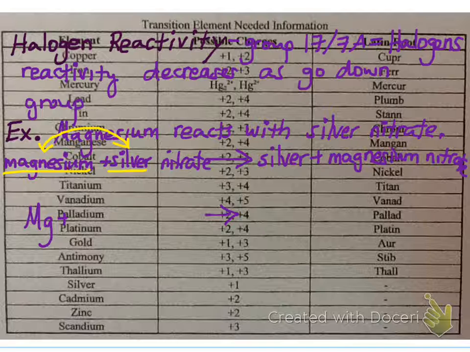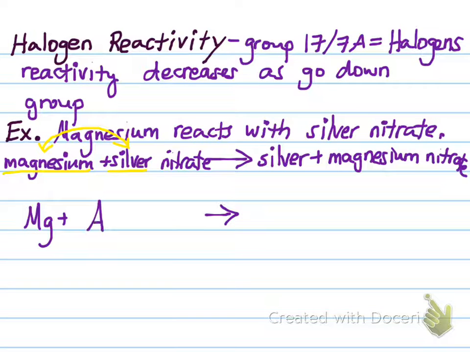But notice that silver only has one possible charge. So I know that silver is going to have a charge of +1. So silver is Ag with a charge of +1. Nitrate you have memorized is NO3 with a charge of -1. So I'd crisscross down ones, so I don't need to do that.